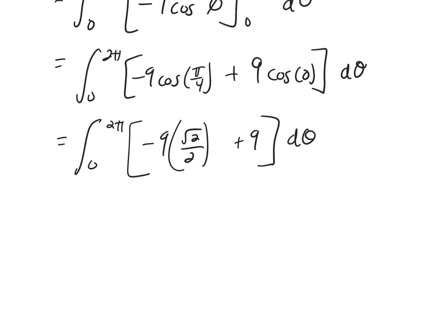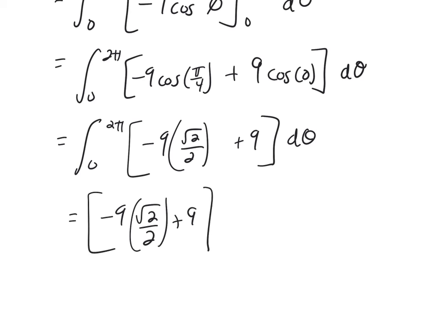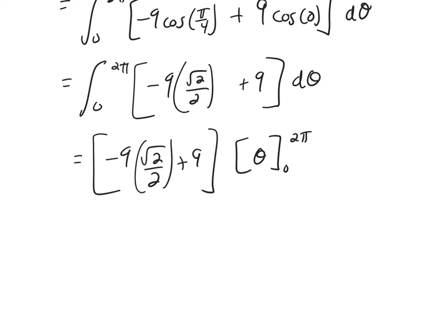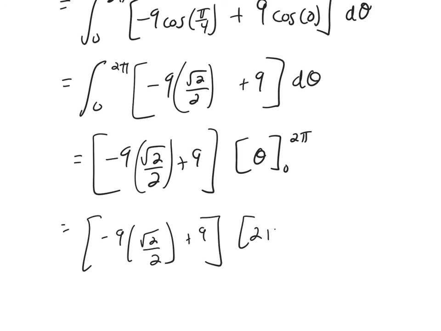So then we're going to get minus 9 square root of 2 over 2 plus 9. You integrate with respect to theta from 0 to 2 pi, so you get 2 pi times that. And there's my answer.